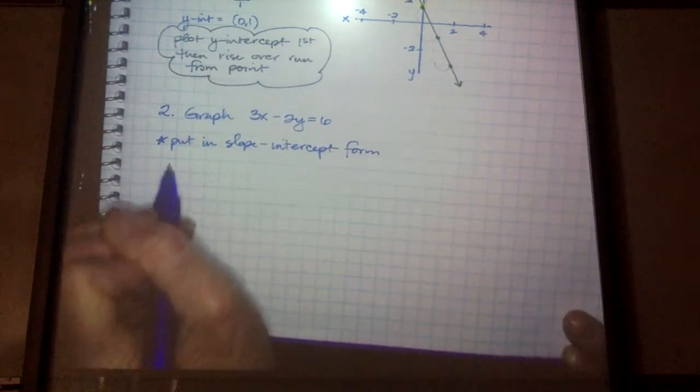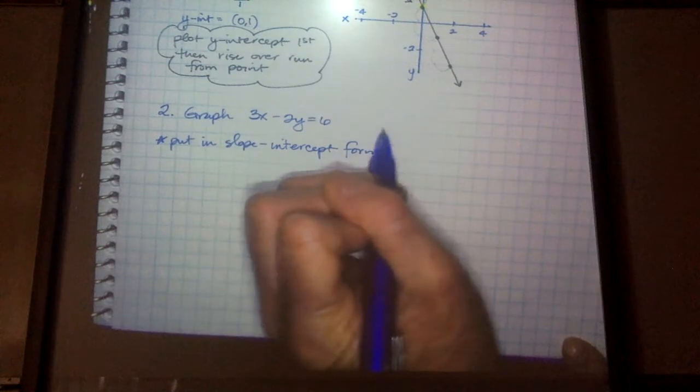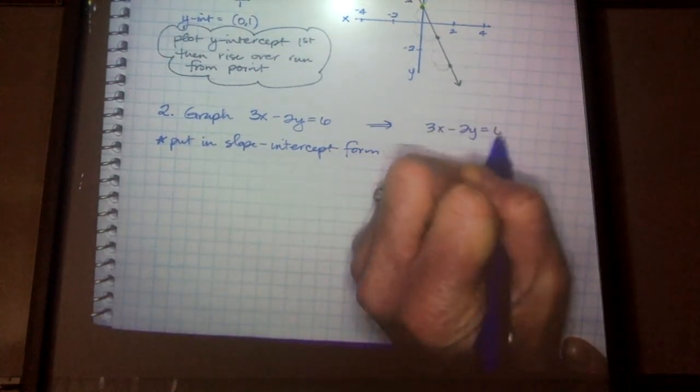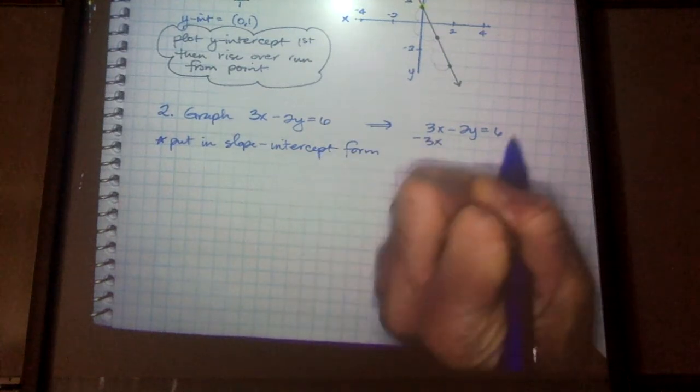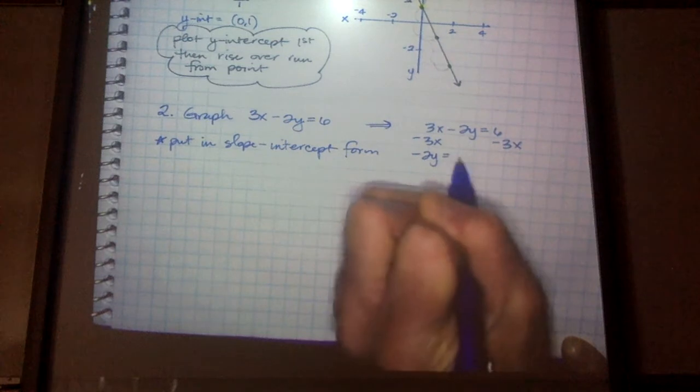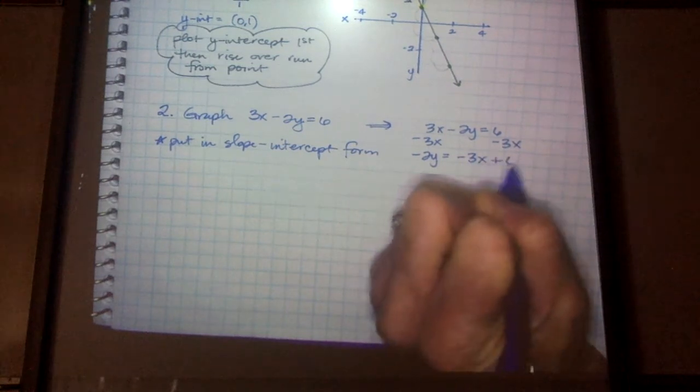So in order to do that, I'm going to do the following. I'm going to rewrite it. I'm going to subtract 3x because I need to get y by itself. So I have negative 2y equals negative 3x plus 6.